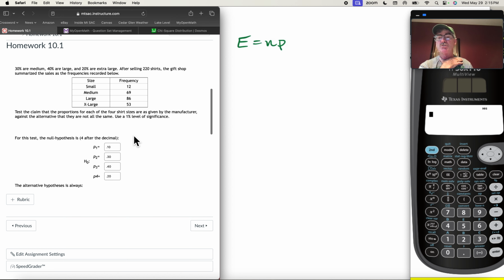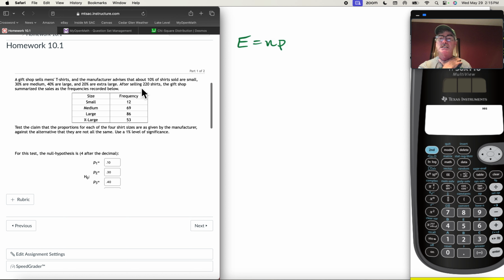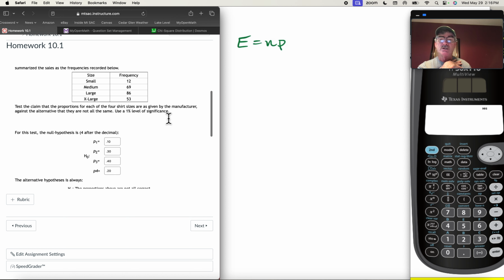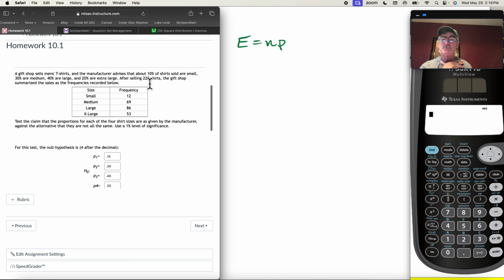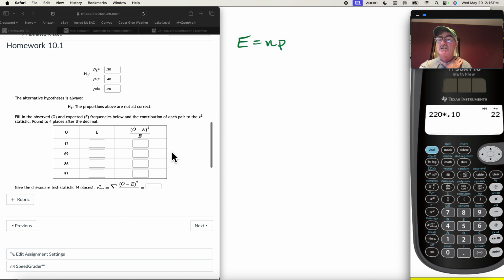So for the small shirts, we expected 10% of 220, so that's 220 times 0.10. 10% of the 220 should have been small, so that's 22 shirts. I'll key that in down here.